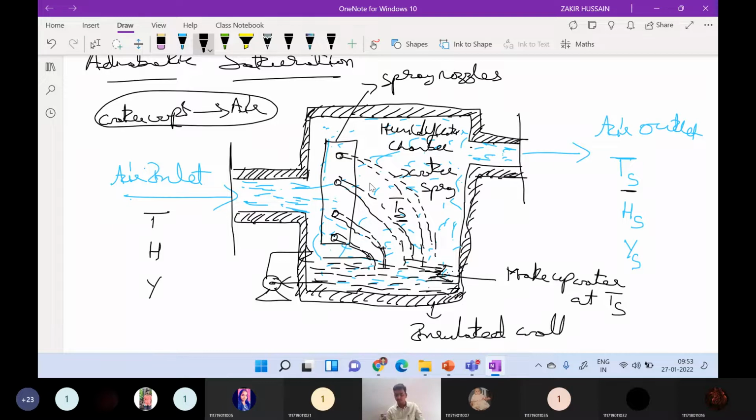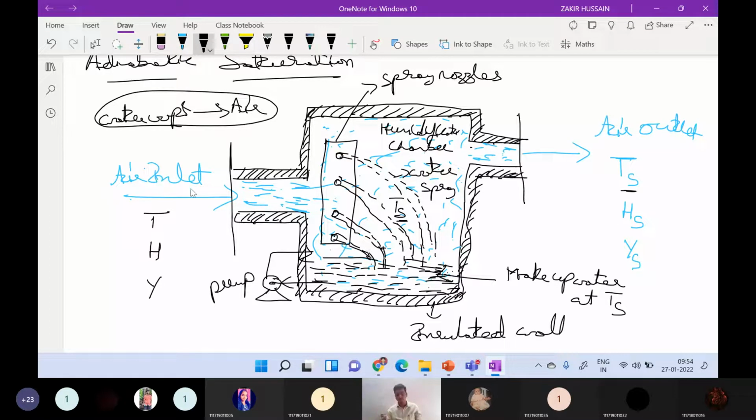Whenever you spray the water, the air is getting in, solubilizing some part of the water vapor, and leaving outside. To facilitate the recirculation of water inside the chamber, we have to give some pump work here. Then to replace the liquid level, we have to give the makeup water, at the same temperature as the outlet temperature, that is the adiabatic saturation temperature. This is the process entirely going on.